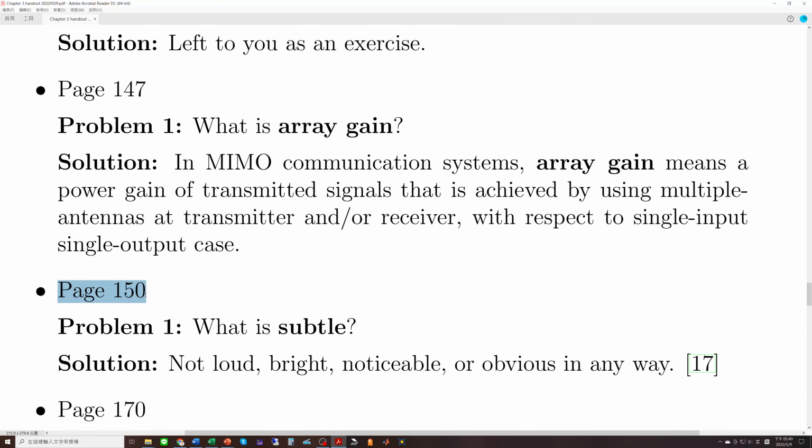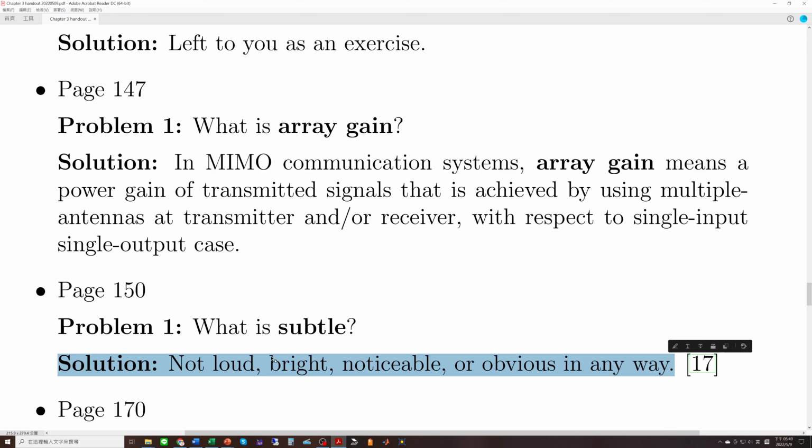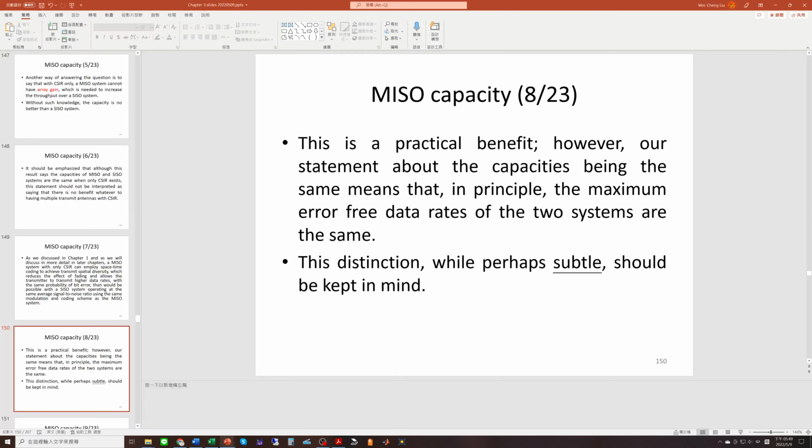Page 150. Problem 1. What is subtle? Solution: not loud, bright, noticeable, or obvious in any way. Subtle. Let us go back to the slides.